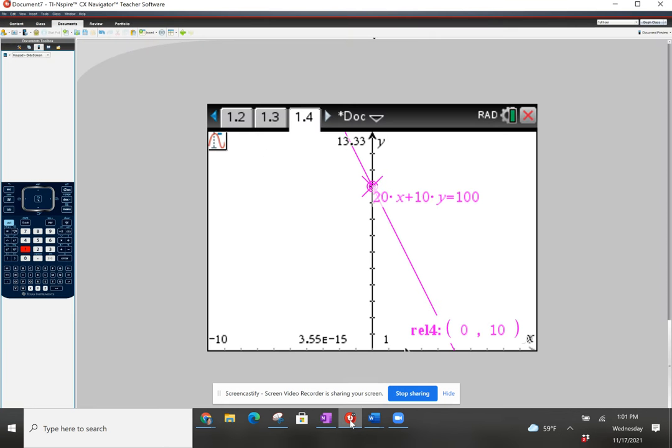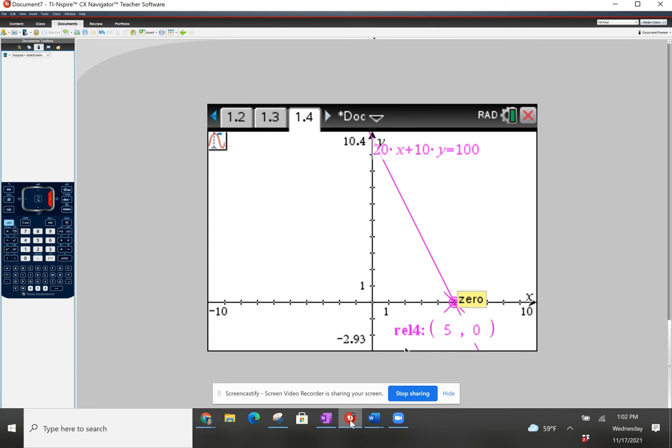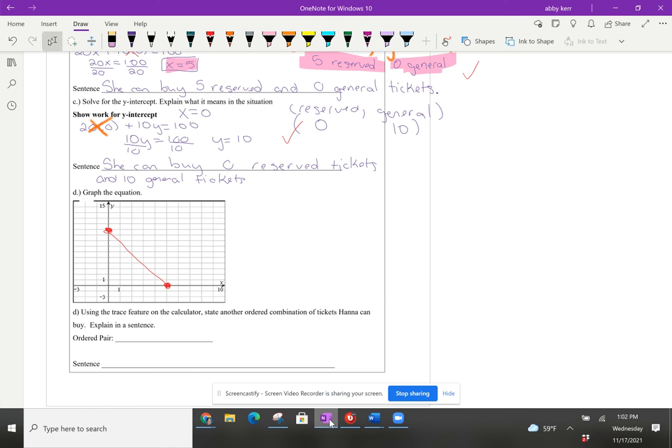Now, tickets. She cannot buy 0.6, comma 8.8 tickets. That doesn't make sense. You can only buy whole numbers. 0.9, 8.2 doesn't make sense. So you have to keep searching for numbers that make sense. 3, comma 4 makes sense. Let's see if there are any others. 5, comma 0. So the only other ordered pair that works is 3, comma 4.